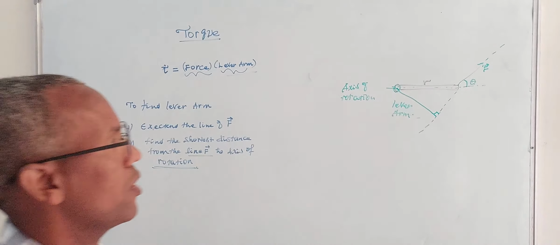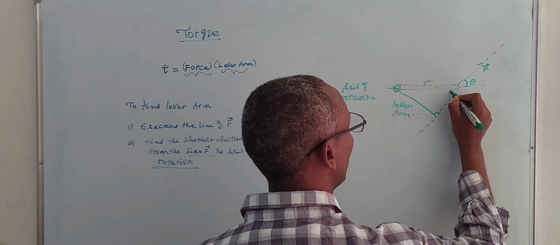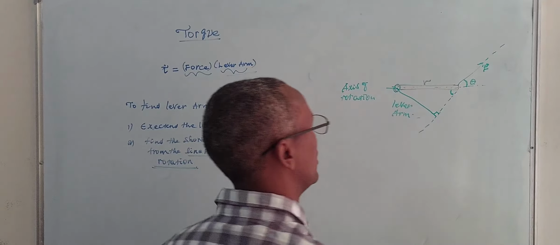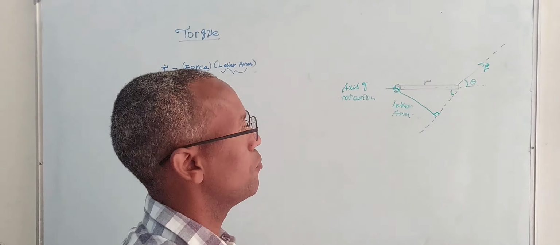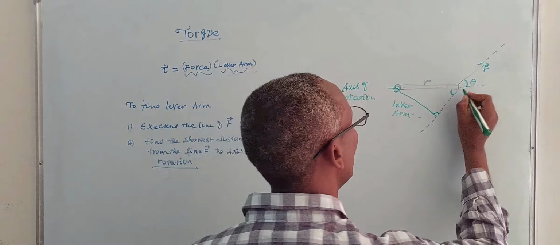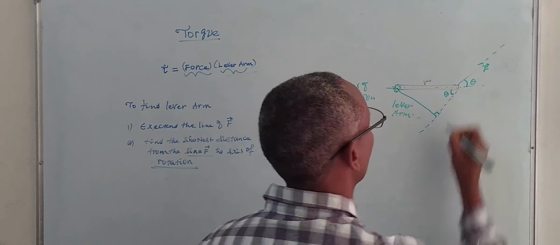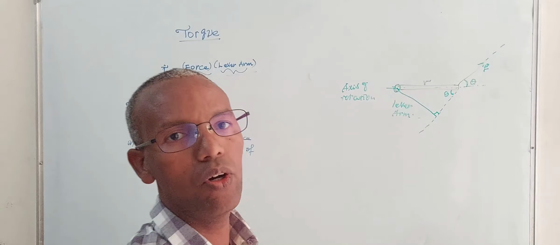Now, as you can see, this angle and this angle are vertically opposite angles, right? Based on the principle of vertically opposite angles, they are exactly the same, so this angle is equal to this angle.